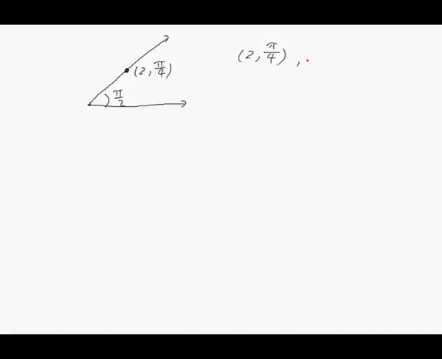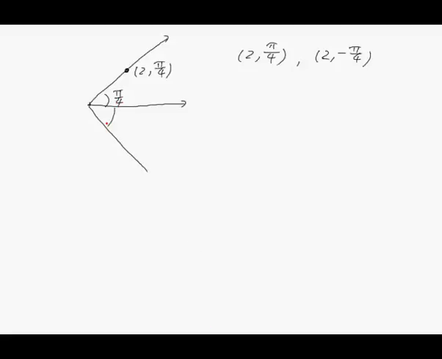See, we have another polar coordinates, 2 and negative pi over 4. So let's first get the angle. This is the pi over 4, right?